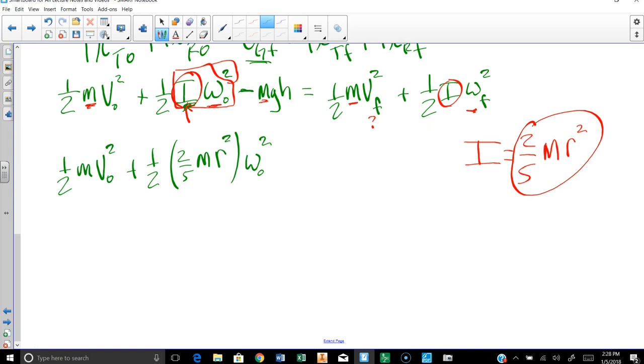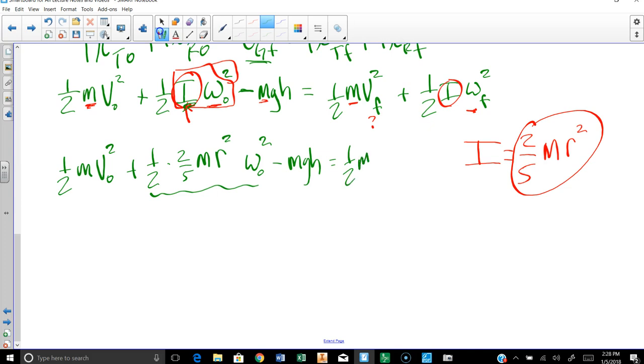And in fact, you know what? Let's clean this up a little bit. We don't really have to have these parentheses. The 2/5 and 1/2 will be a little weird, but you'll see in a moment we're going to take care of that. So I'll just put a little dot here for that. There we go. But all these quantities here are just being multiplied times each other. Minus mgh, that doesn't change.